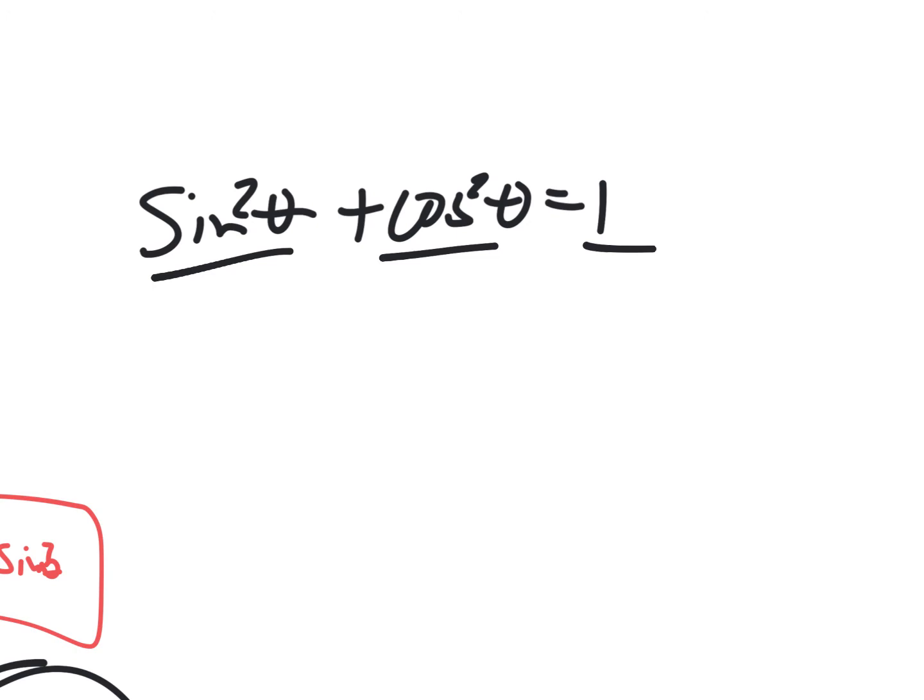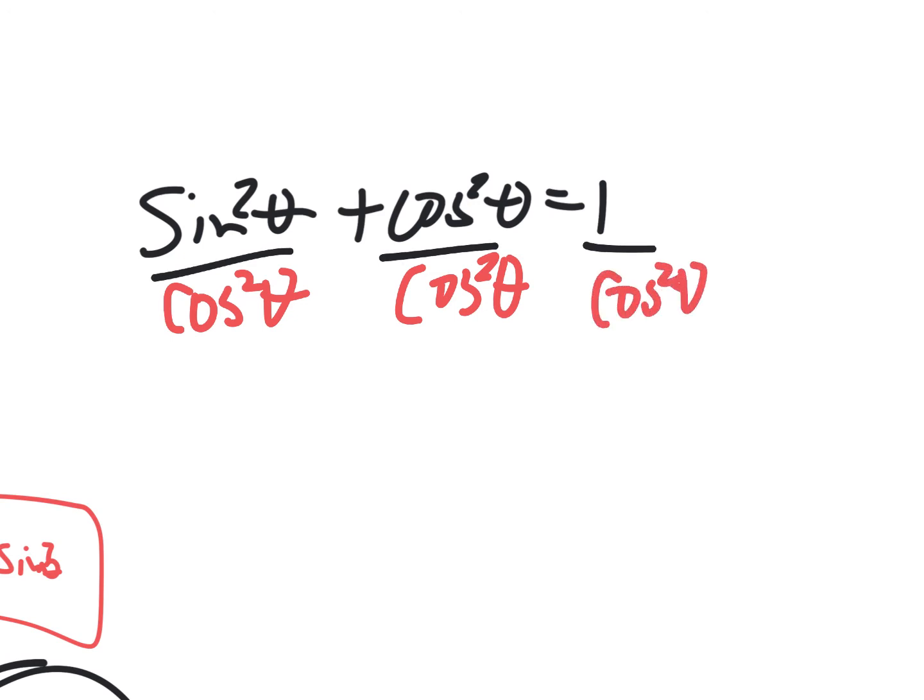We're gonna divide everything by cosine squared. If I decide to do something to one side of the equation, I decide to divide by cosine squared, I can do that as long as I do it to both sides. So there, I did it to both sides, I distributed it on both sides, and there we have it.